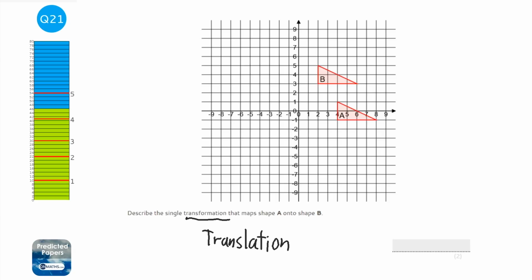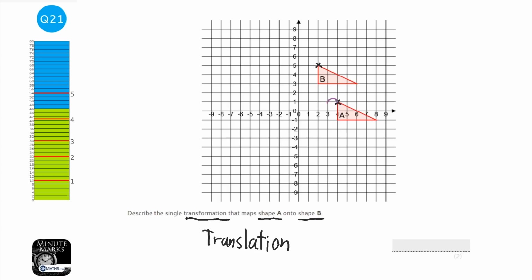Now, the second thing to realise is we are starting at shape A and we're going to shape B. With translations, to describe them, pick the same point on both shapes. I always pick the top left if it's available. Then, what we want to do is work out how far left or right I have to go from A to get in line with B. And I do this with jumps, and the reason is I never get the wrong answer when I do jumps.